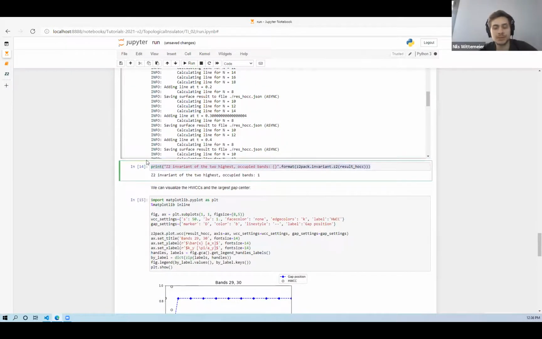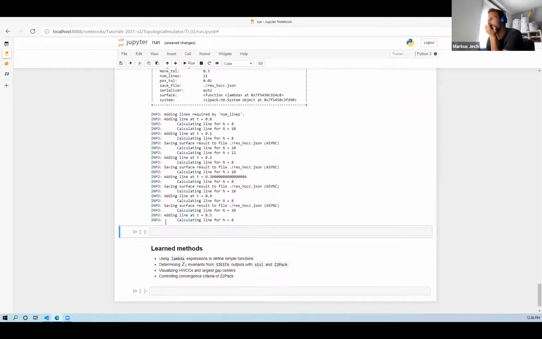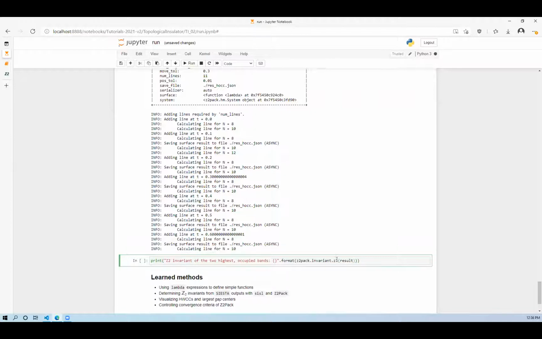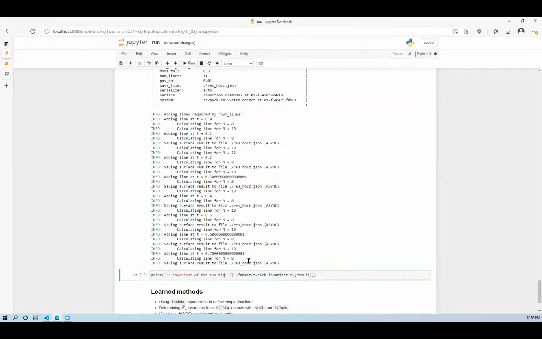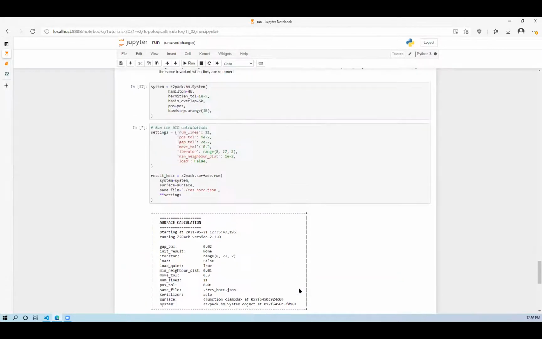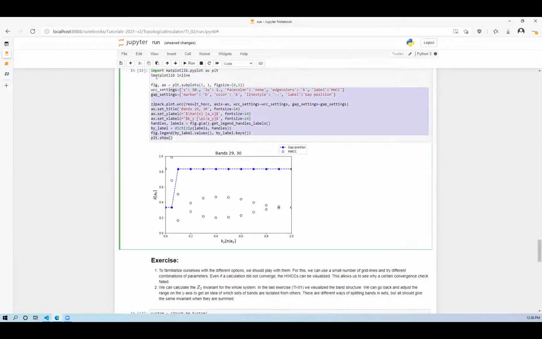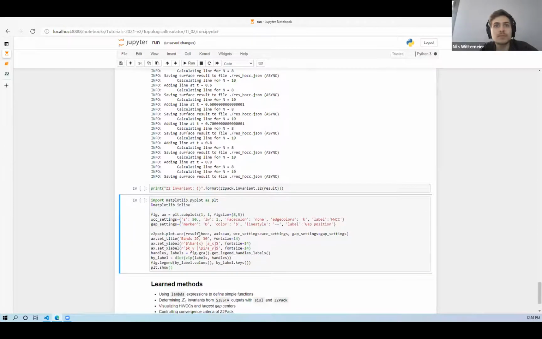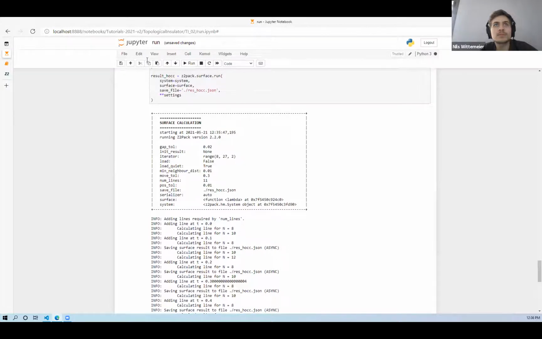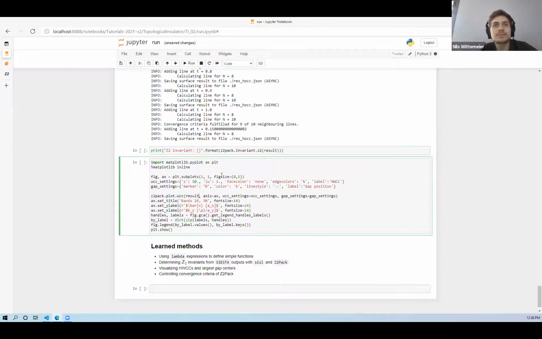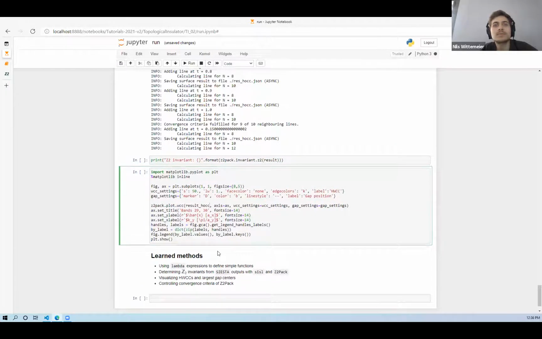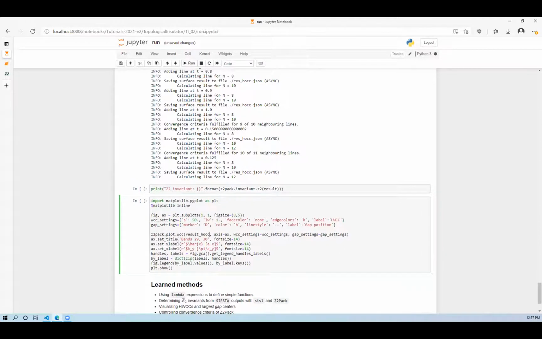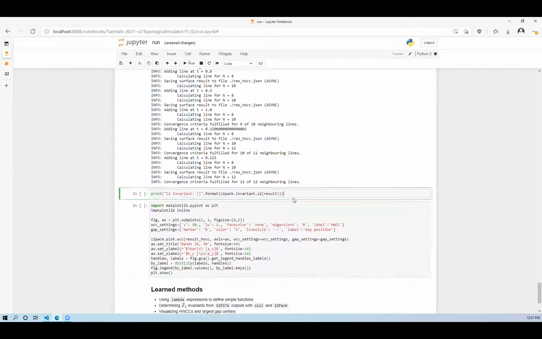While this is running, I'm going to prepare this line of code. Okay, I think this is close to being done.